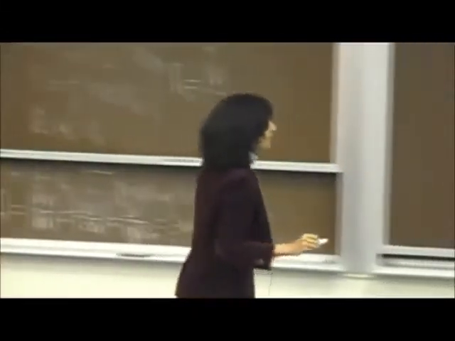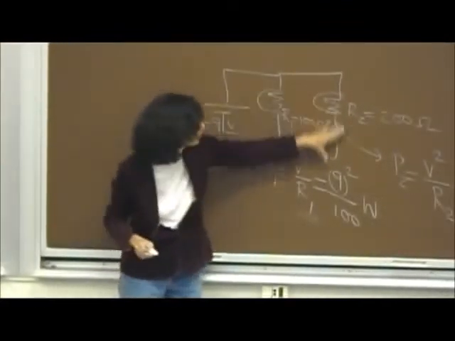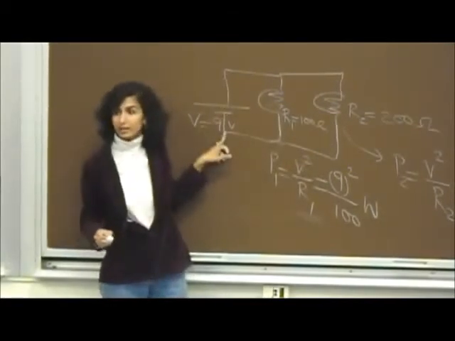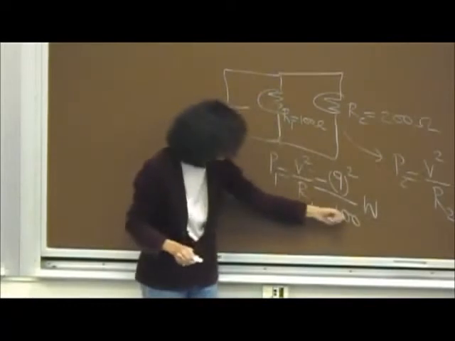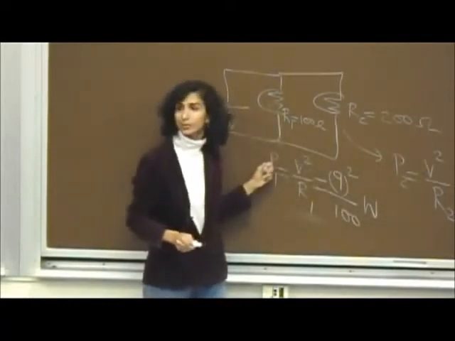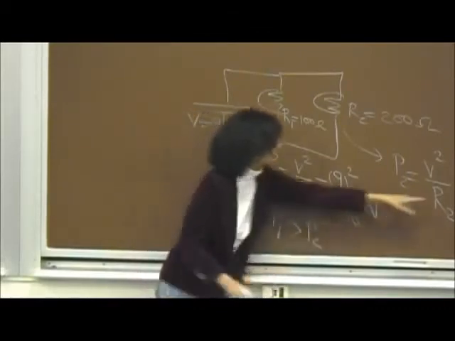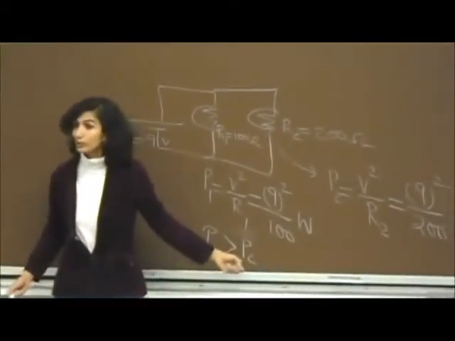Here voltage is being kept constant because this is in parallel with this and both of them have the same voltage as the battery, right? So voltage is being kept constant. In that case, lower resistance means higher power. So we have P1 greater than P2. In fact P1 is twice as great as P2, right?